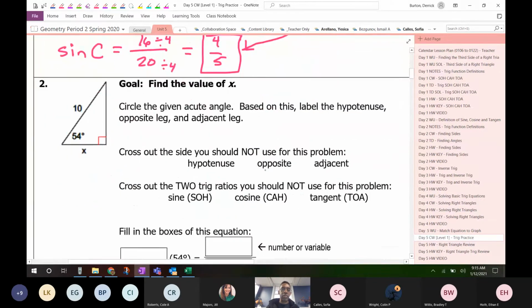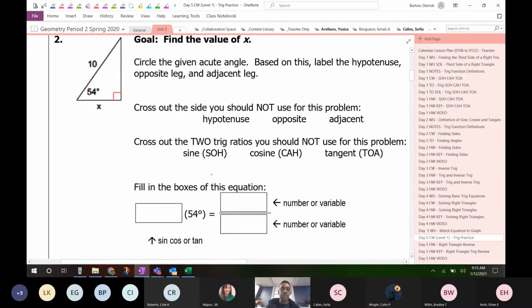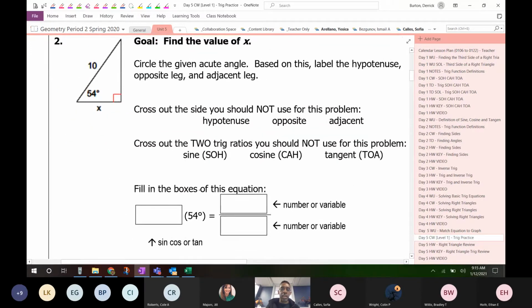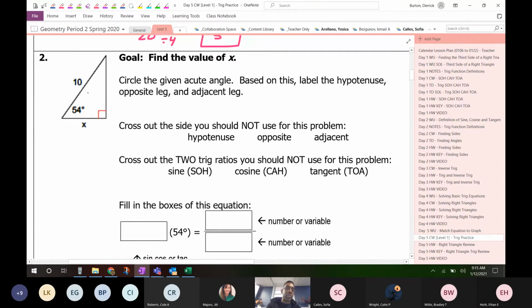All right, look at problem number 2. Our goal is to find the value of X. They are walking us through exactly how to do it. I'm trying to see if I can even do it using their boxes here, but let's see how it goes. The way we find x, we go like this.